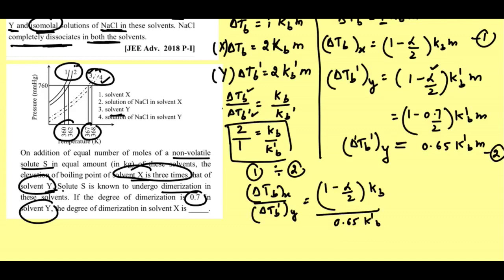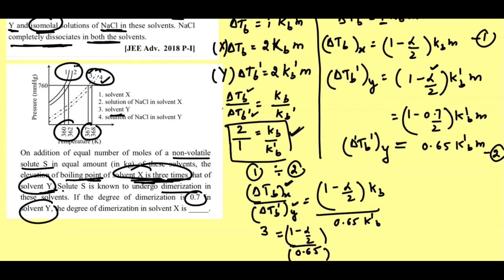It is given that the elevation in boiling point for solvent X is 3 times that of solvent Y, so I can write 3 is equal to (1 minus alpha by 2) divided by 0.65, times Kb upon Kb dash.